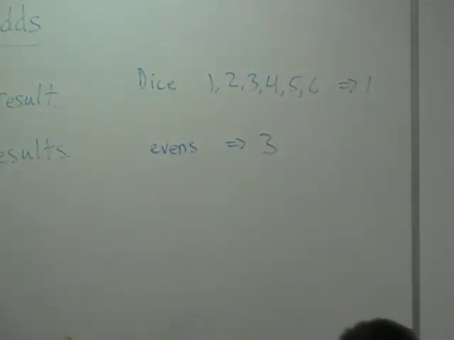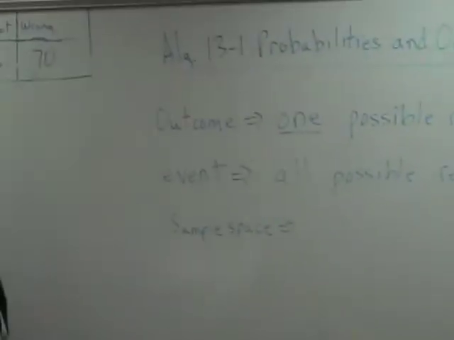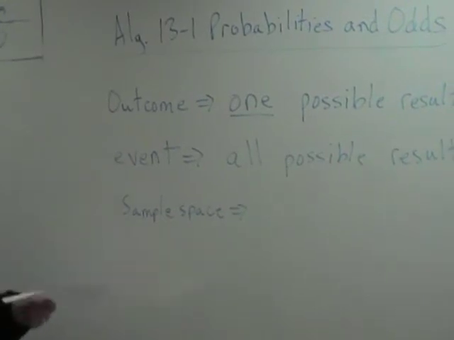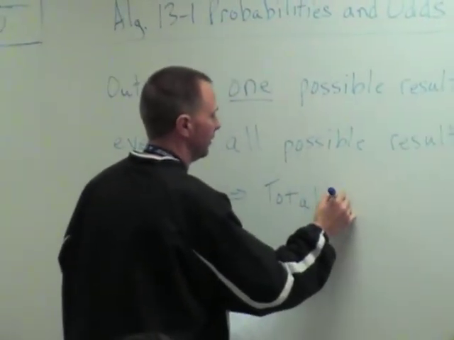Okay, sample space. That's the set of all outcomes. That's the total, total of everything. I'm not even going to say the right thing. So let's just say the total of everything.